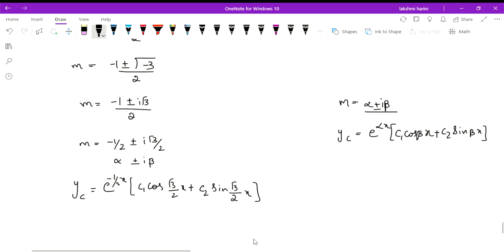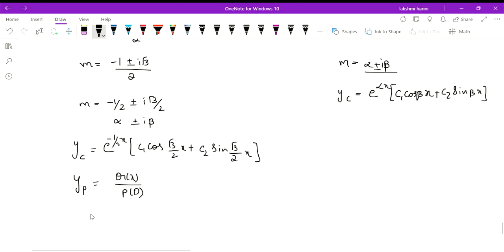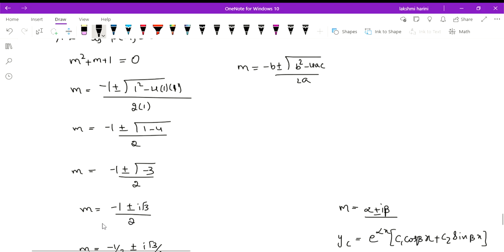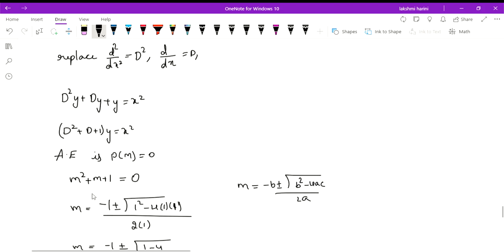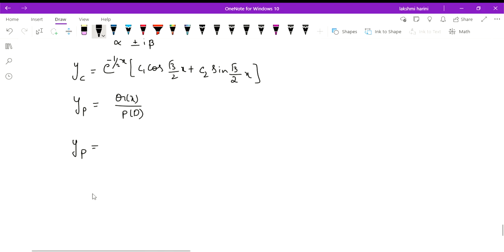After writing yc, we have to write our yp. What is our yp? That is Q of x by P of D. So yp is equal to, what is our Q of x? Q of x is x square, and our P of D is D square plus D plus 1. So we write x square by D square plus D plus 1.